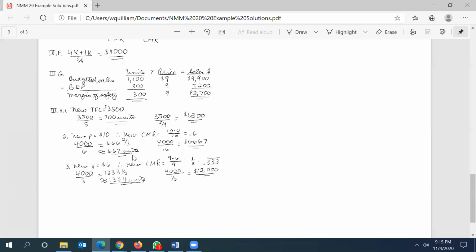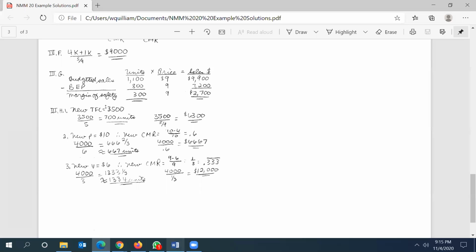So the next thing to do, round up: 667 units. We're not concerned about a little bit of rounding error. We know what we're doing. Or in terms of sales dollars, $4,000 of total fixed divided by the contribution margin ratio of 0.6 equals $6,667, $3 of rounding error. We don't care.